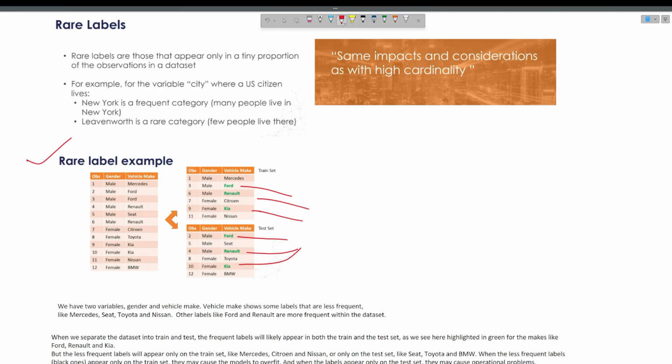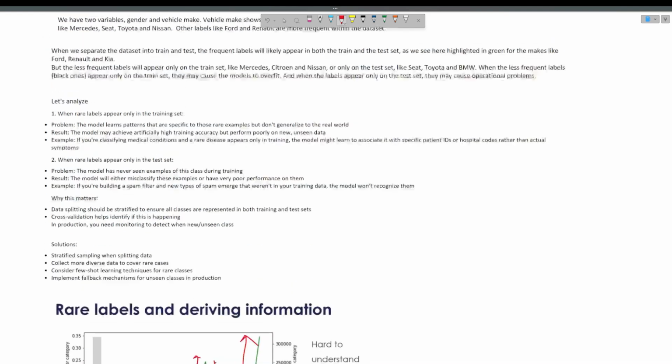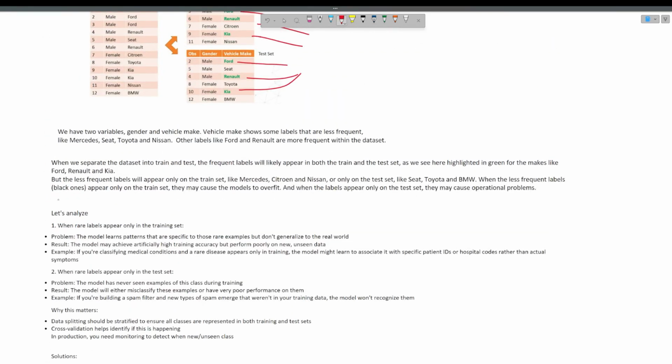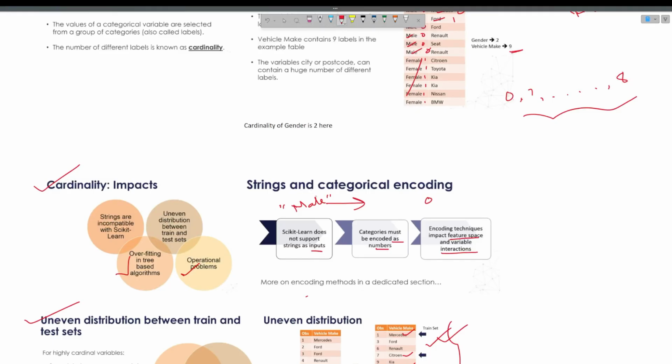Okay, it can happen. So these less frequent values are the rare labels. Now there is a reasoning why this actually creates the operational issues and so on. As mentioned previously, the rare label works something like the previous one which we have learned, the cardinality, right?